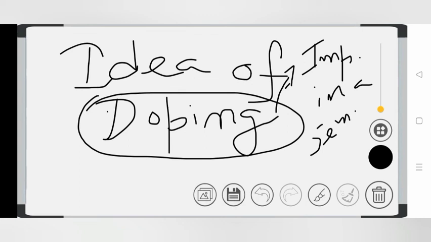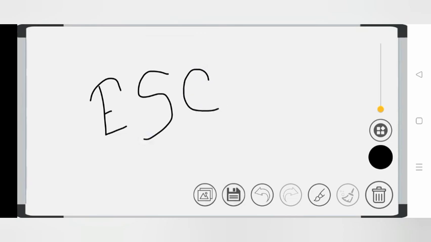Okay, during the production of an extrinsic semiconductor, I denote extrinsic semiconductor by ESC, the amount and kind of impurities introduced in the material must be carefully monitored.